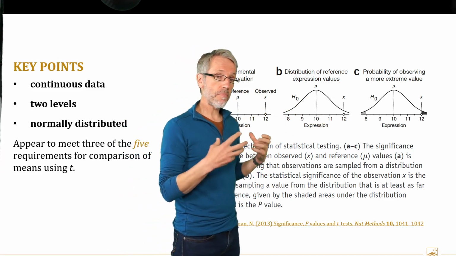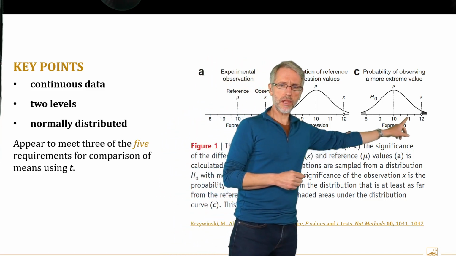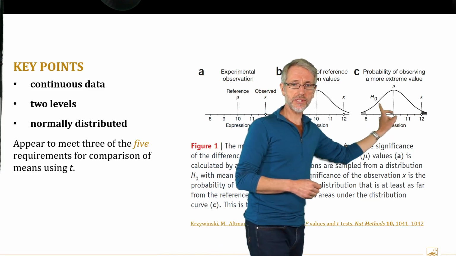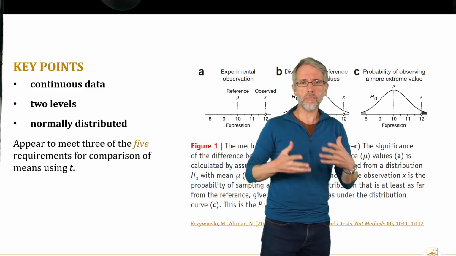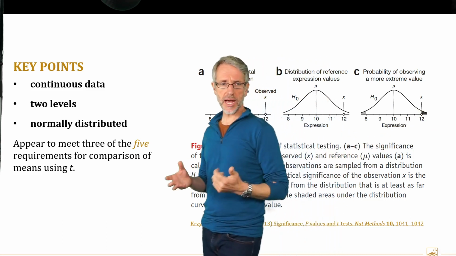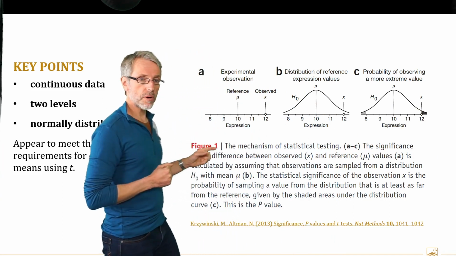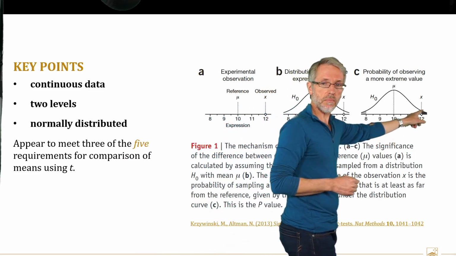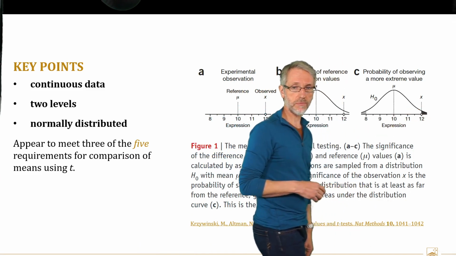And then, based upon that t distribution, we can say, well, our x value sits a long way out here. What proportion of the theoretical means is covered by this x here as a threshold value?